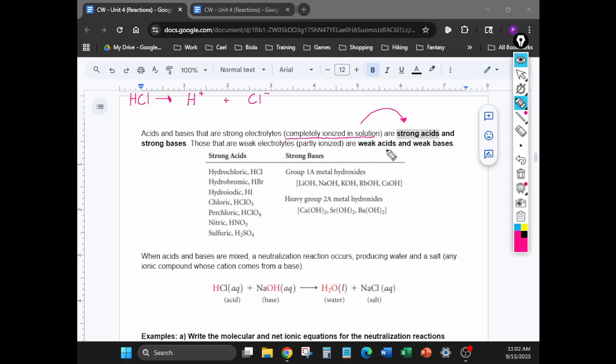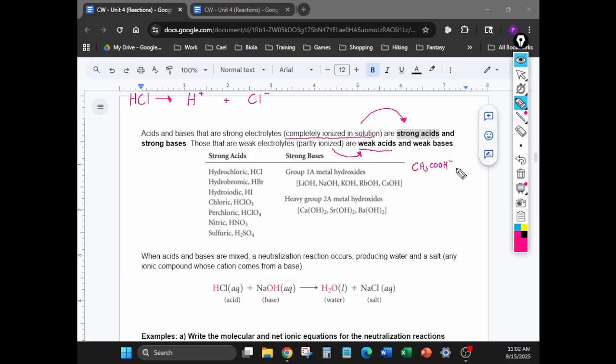Now the other type are called weak acids and weak bases, and these guys are partial dissociation. Only some of the molecules break up inside of water. A good example of this that we're familiar with is vinegar. Vinegar is this right here, acetic acid.